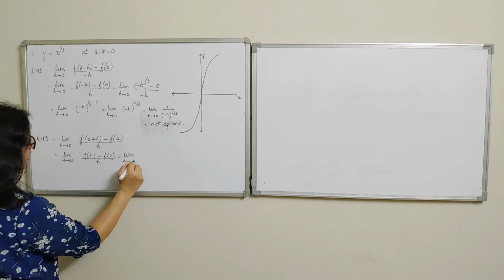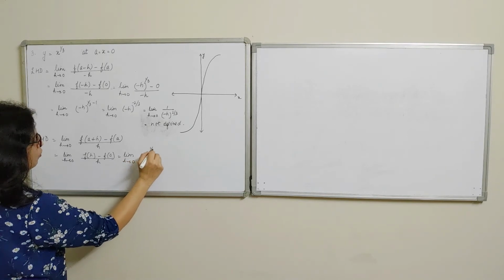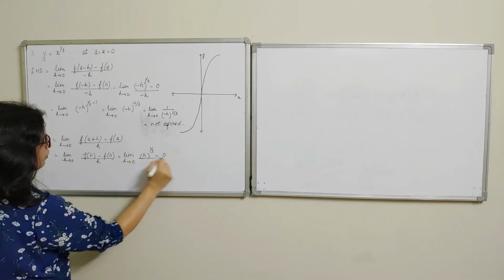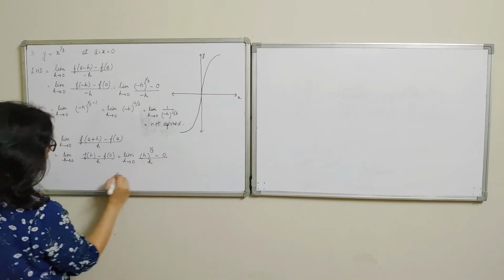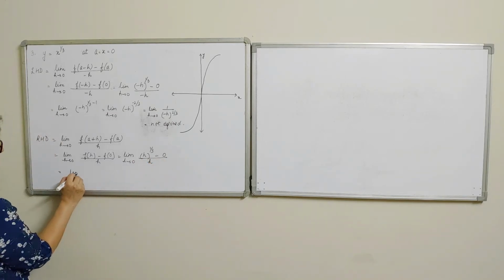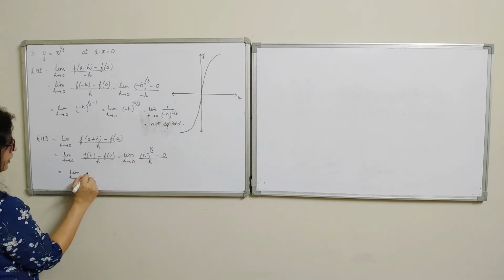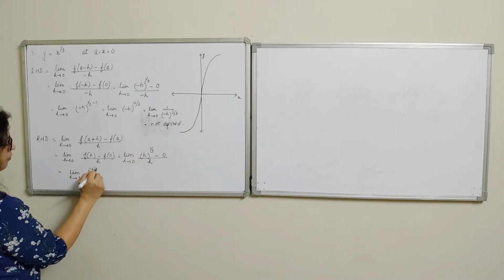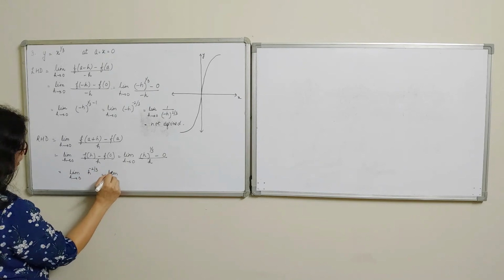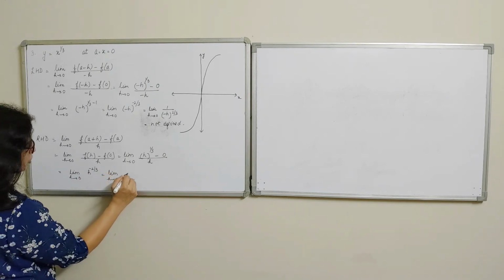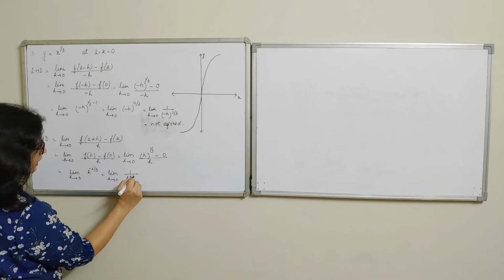Once again, our point of consideration is 0, so it becomes f of h minus f of 0 upon h, and the function is h to the power 1 by 3 minus 0 to the power 1 by 3. So here again, using laws of exponents, it's once again h to the power minus 2 by 3. So we'll ensure that the power of the function is positive like this.